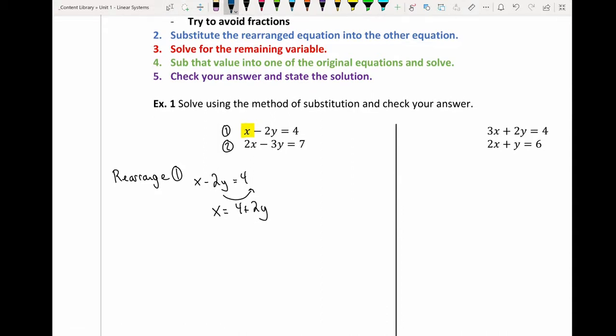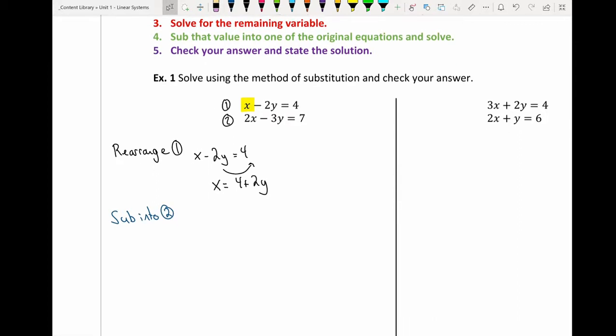Step 2 is to substitute this equation into the other one. So now we're going to sub it into equation 2. What I mean by that is that if I have my original equation, 2x minus 3y equals 7, everywhere I see an x, I'm going to plug in what x equals from equation 1.